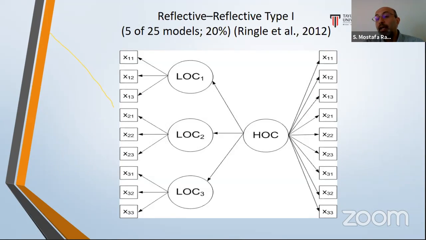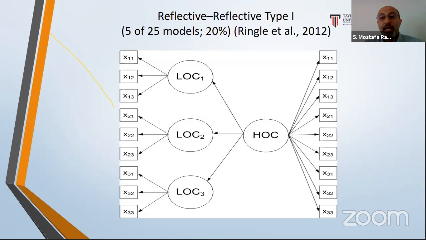So when we have a higher order construct, it means we don't have observed indicators that directly measure the higher order construct. Higher order constructs are measured based on some dimensions and indirectly by observed items, right?